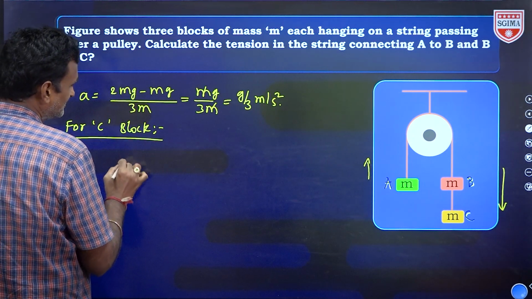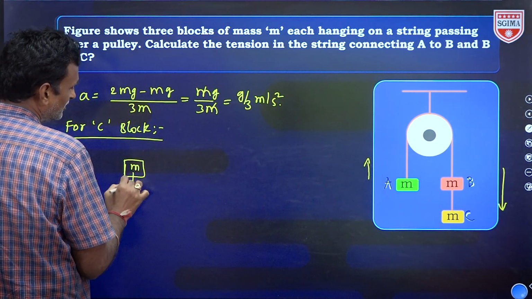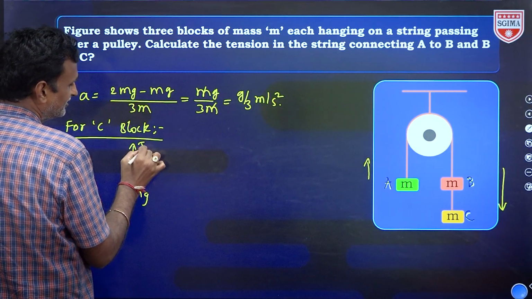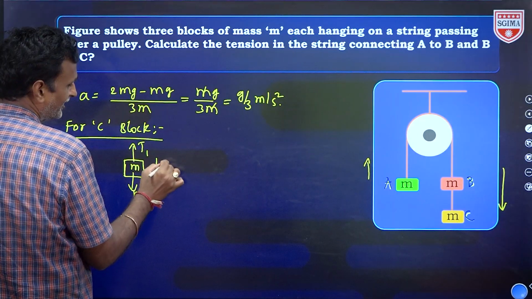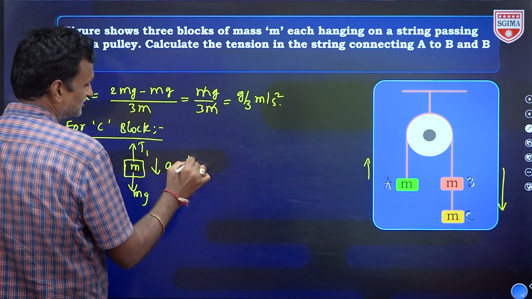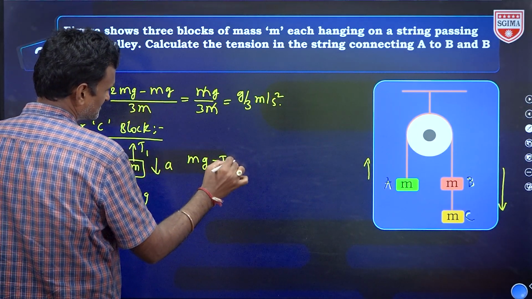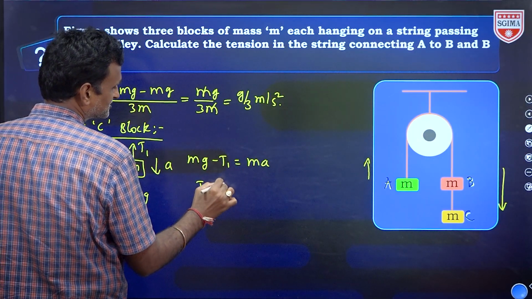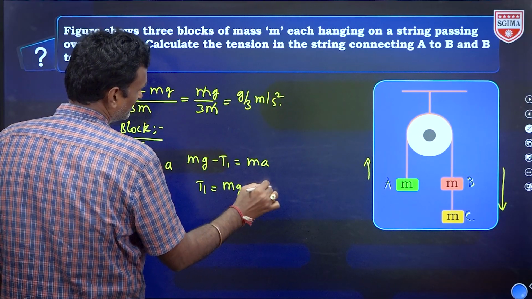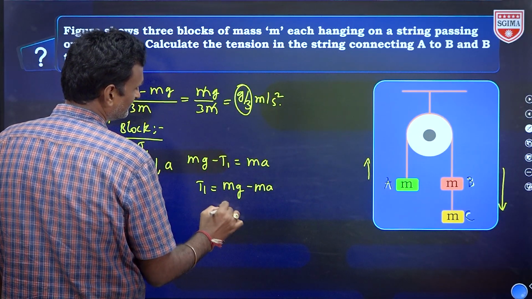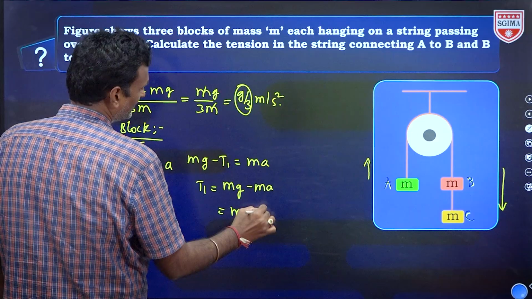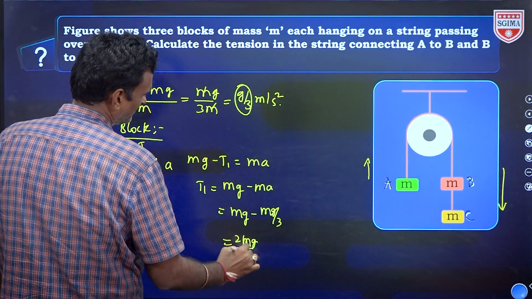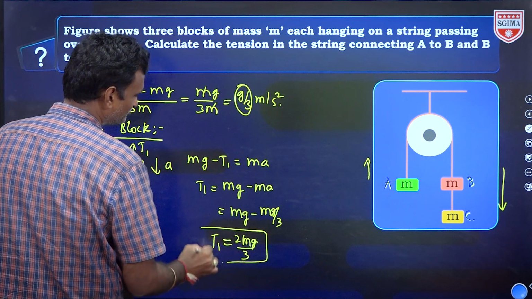C block has mass m, downward mg, upward tension T, like T1 you can take, and acceleration downward. So the net force equation: mg minus T1 equals ma. So T1 equals mg minus ma, with a value g by 3, mg minus mg by 3, which is 2 mg by 3. This is T1.